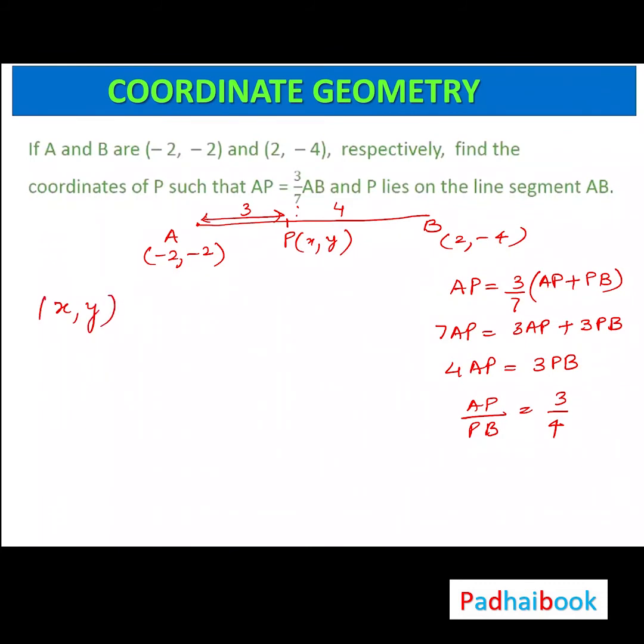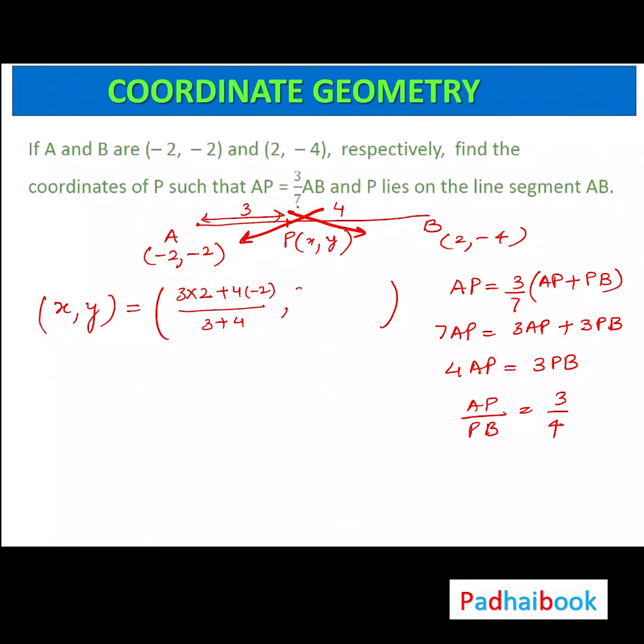So let the coordinates be x comma y. So x comma y will be equal to, and remember, it's a very easy way to remember it, we are cross multiplying: 3 will get multiplied with this one here and 4 here. So 3 into 2 plus 4 into minus 2 divided by 3 plus 4.